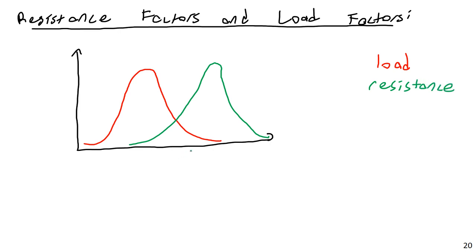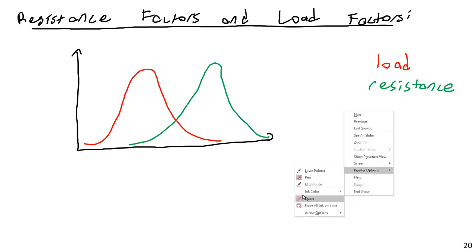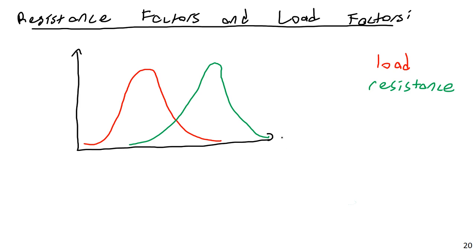So when we apply a factor, this would be something like KIPS, KSI, some sort of unit of force or stress. Basically, when we apply a load factor, we're trying to take into account the overlap.